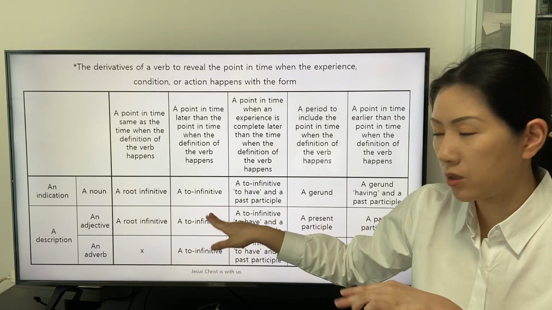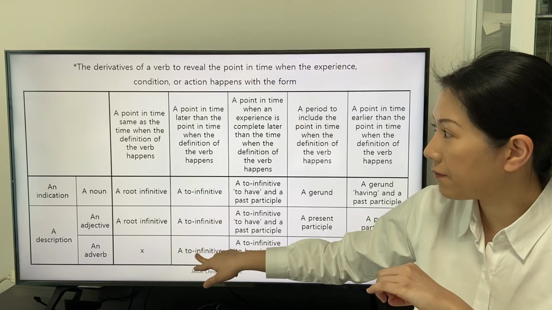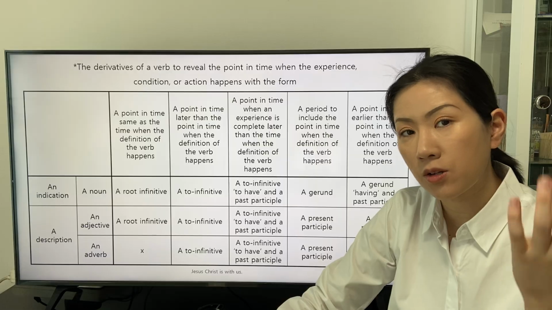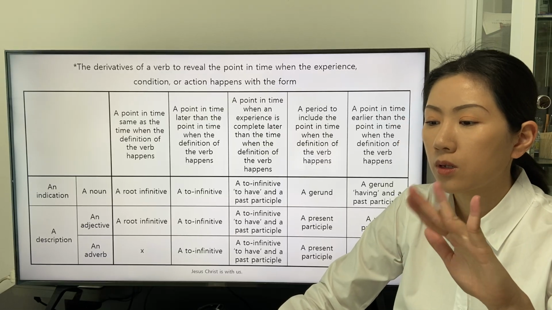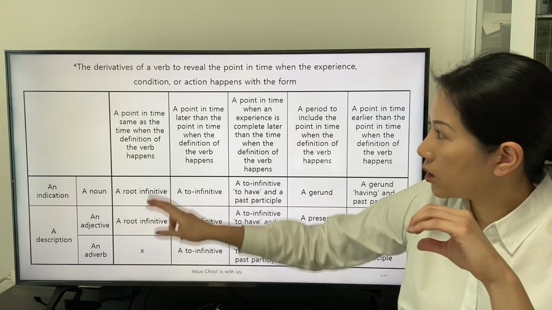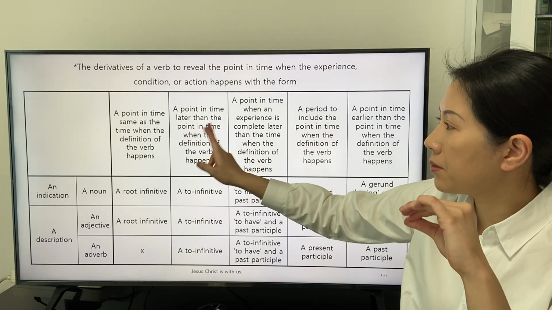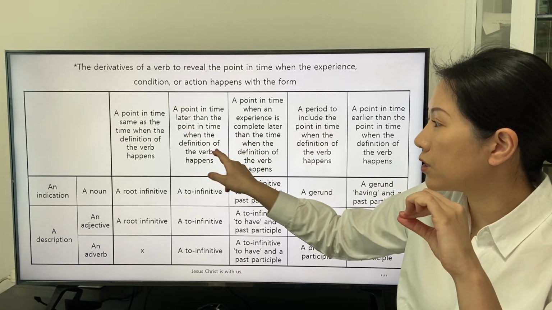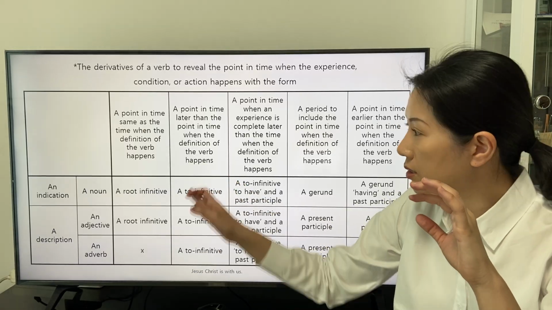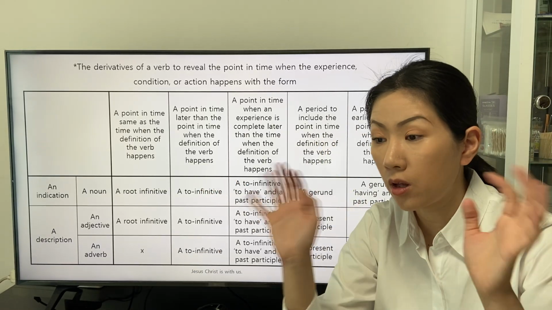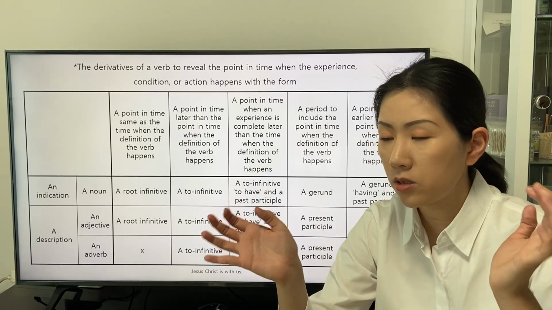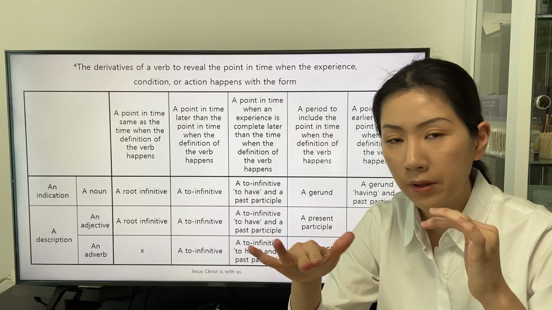When it comes to the to infinitive, the definition of the preposition to is considered a point in time later than the point in time when the definition of the verb happens. So this tells us about a clause with a verb, and in the clause there is a to infinitive.